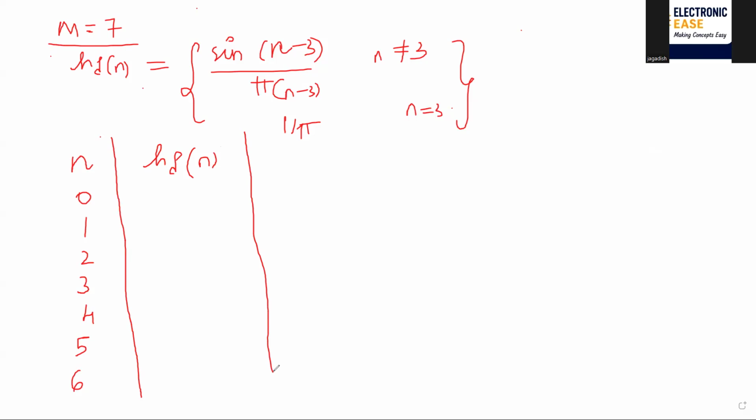Then put in your calculator sine of alpha A minus 3, close the bracket, divided by shift pi into A minus 3.